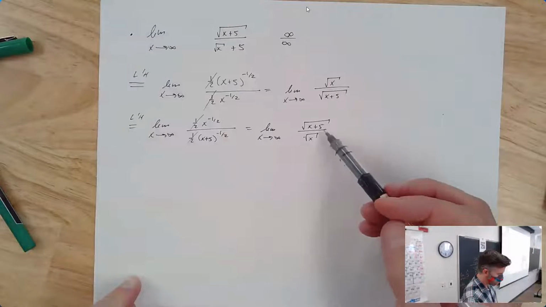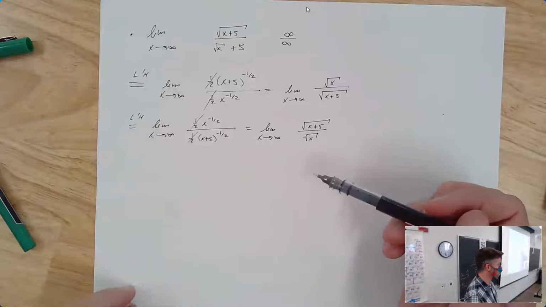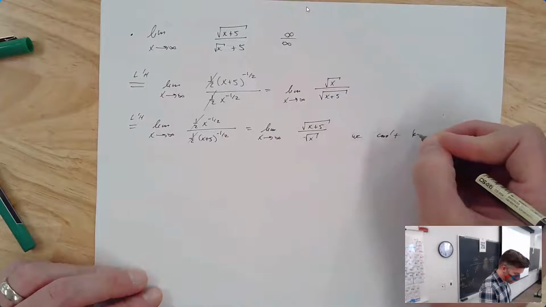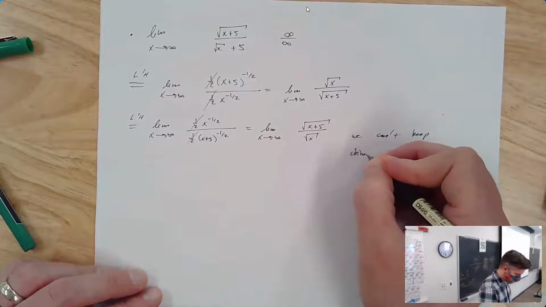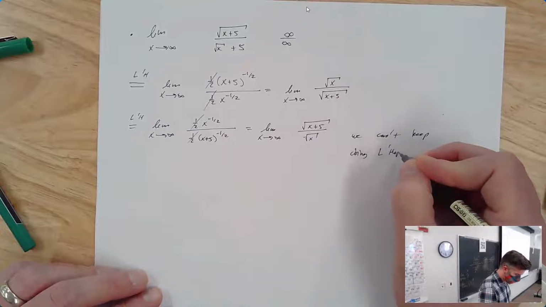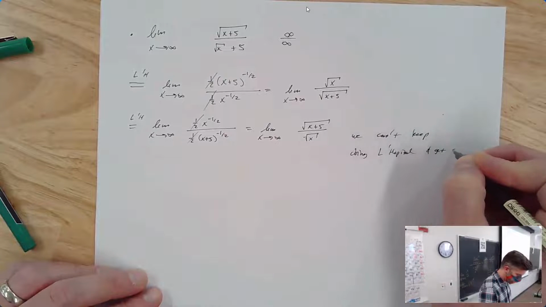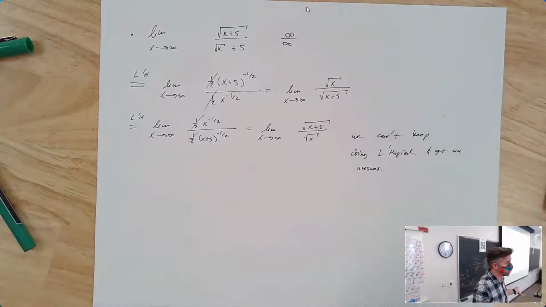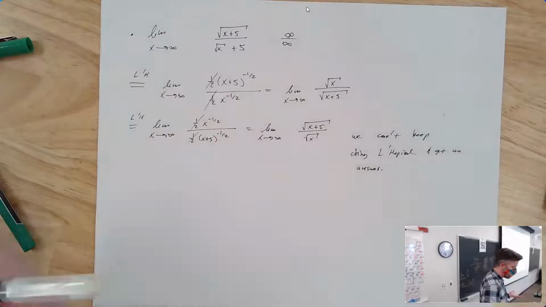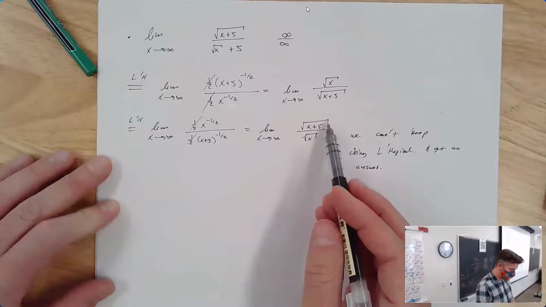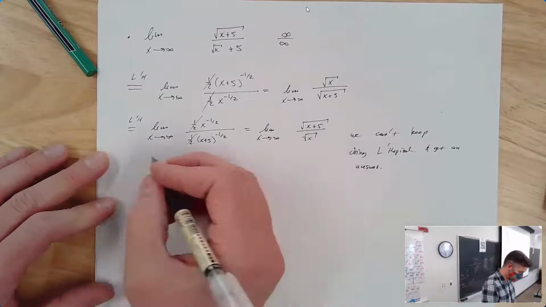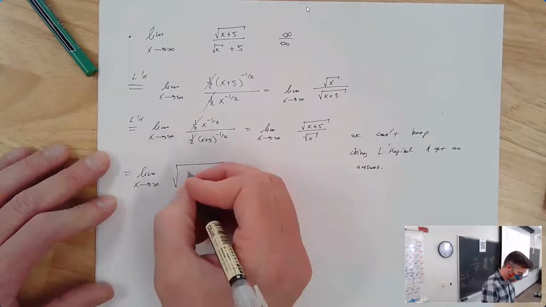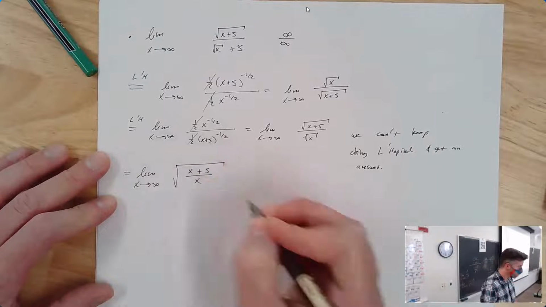Now, doing these couple steps actually does get us to a place that's slightly better. We can keep doing L'Hopital's rule, but we can't get anything meaningful. So sometimes, even though you can use L'Hopital's rule, it's not going to help you at all. What we want to do here is write this as one square root: the limit as x goes to infinity of the square root of x plus 5 over x.